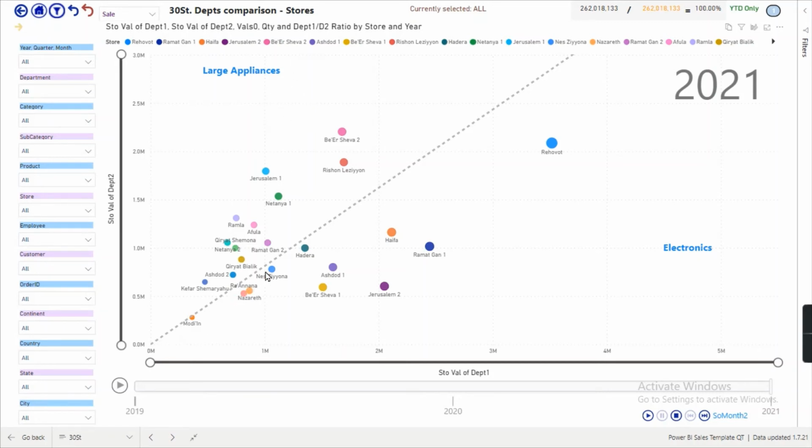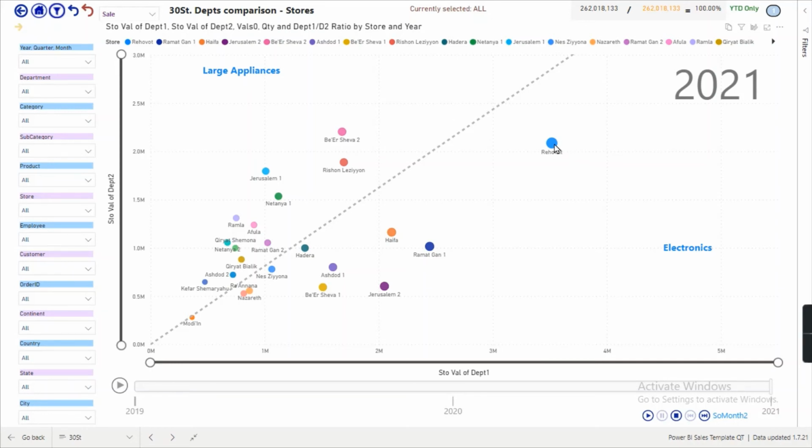The middle line is where there is an average ratio of nearly 1. So all the stores on the right are leaning toward electronics, and the stores on the left are leaning towards large appliances.